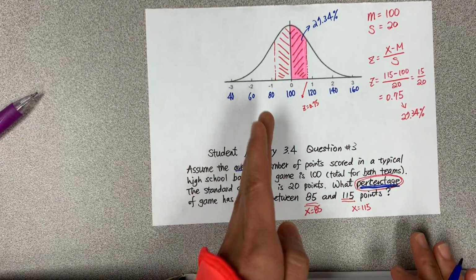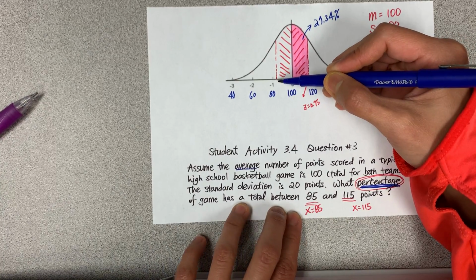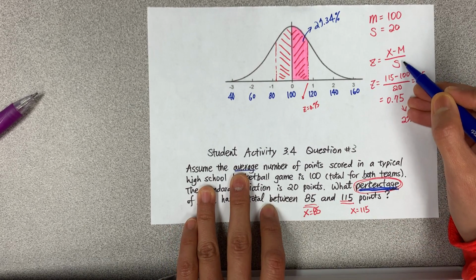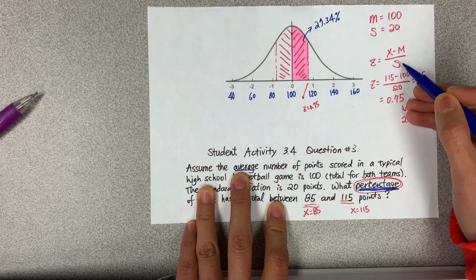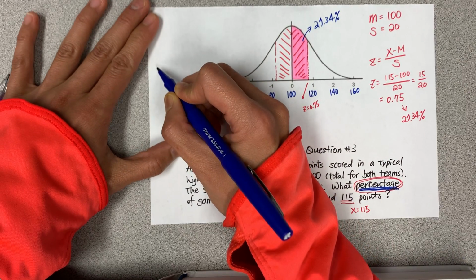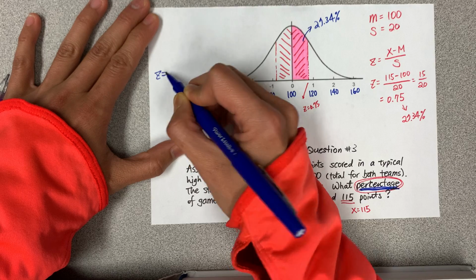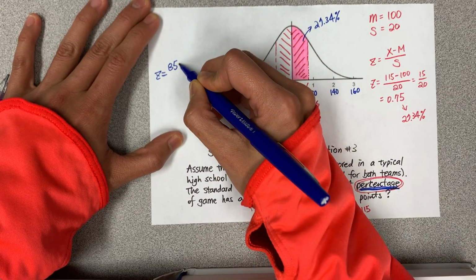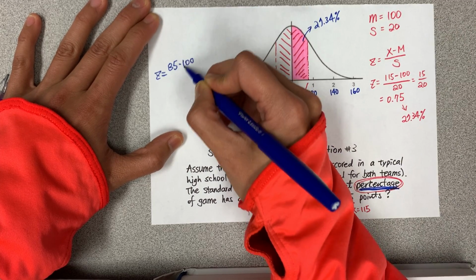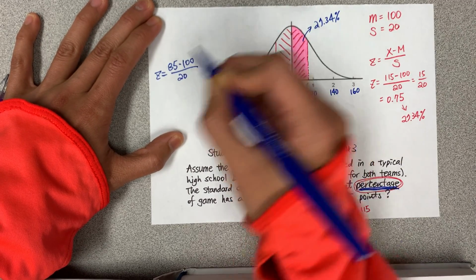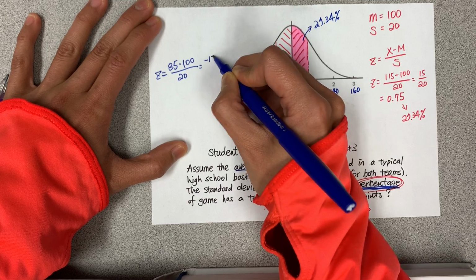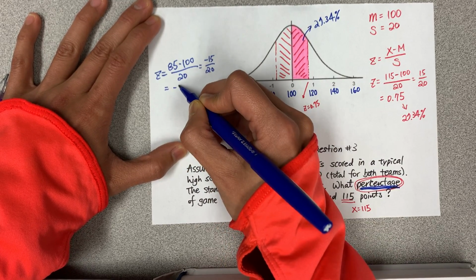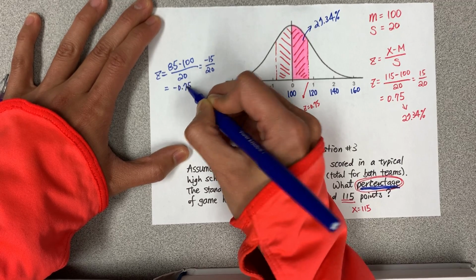So on the left-hand side, we have the raw score of 85, okay? So I'm going to use the same equation like this one on the right-hand side. So it would be Z, so the raw score is 85, minus the mean, which is 100, over 20. So this is actually negative 15 over 20, and the Z-score is actually negative 0.75.